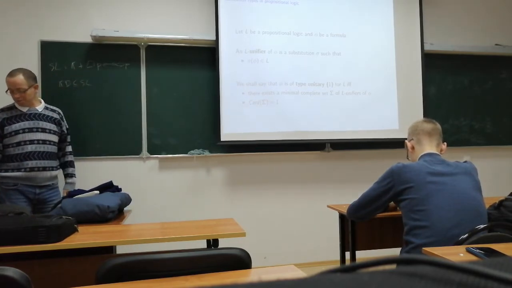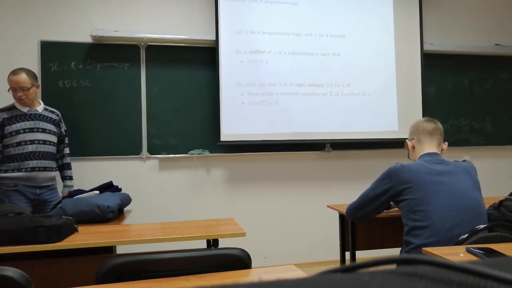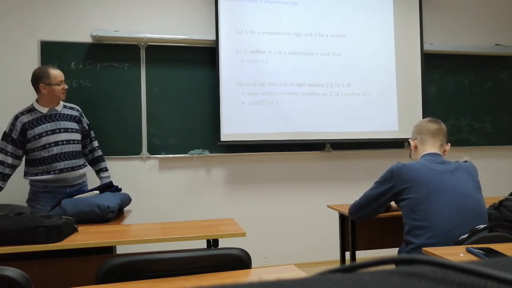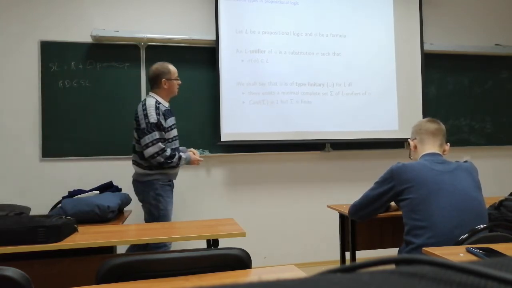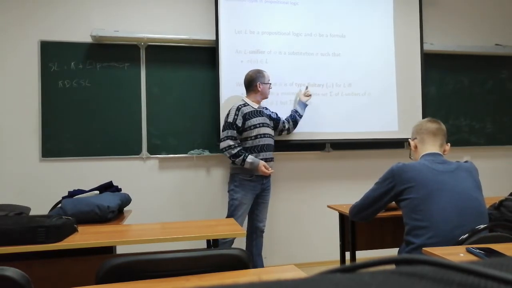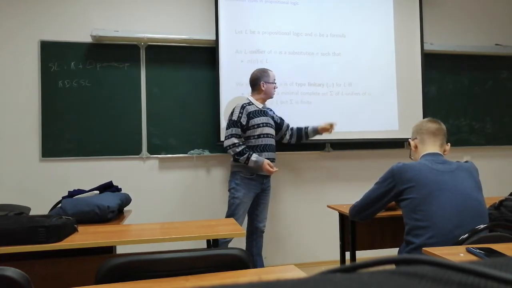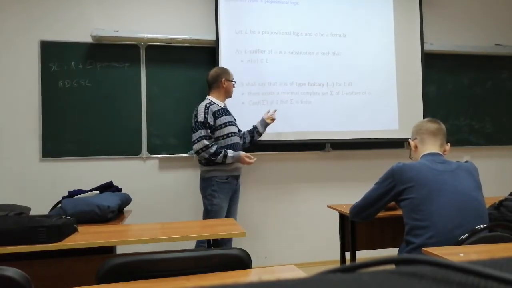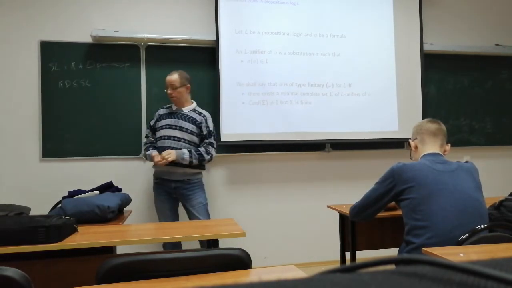And a formula is unitary if it possesses such a minimal complete set of unifiers and it is of cardinality 1. The formula is finitary, we denote like this, 1 for unitary, omega for finitary, if it possesses still a minimal complete set which is finite but not a single term.